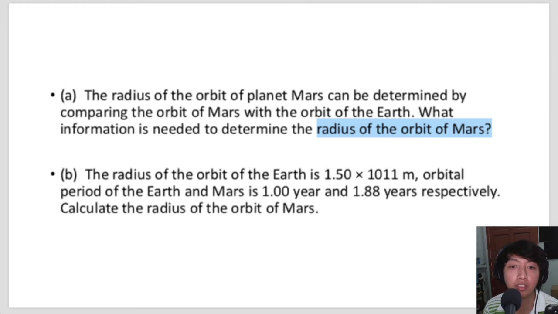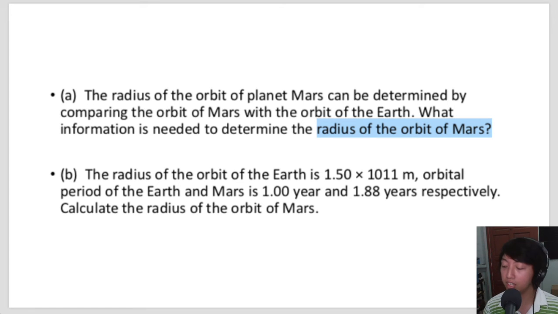There we go. So no wonder that's wrong. Sorry, I wrote that wrong. But the radius of the Earth is 1.5 times 10 to the power of 11 meters. The orbital period of Earth and Mars is 1 year and 1.88 years respectively. Calculate the radius of the orbit of Mars.